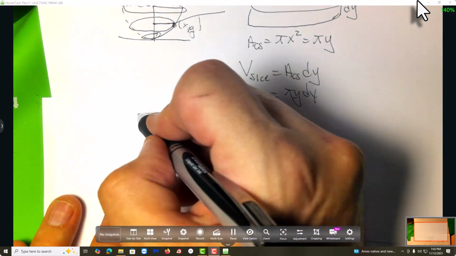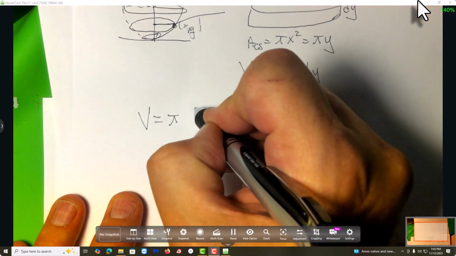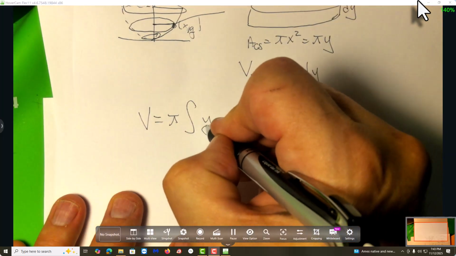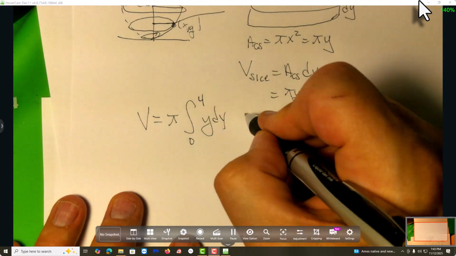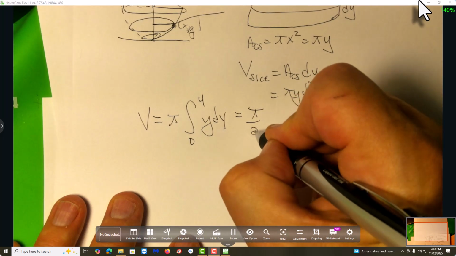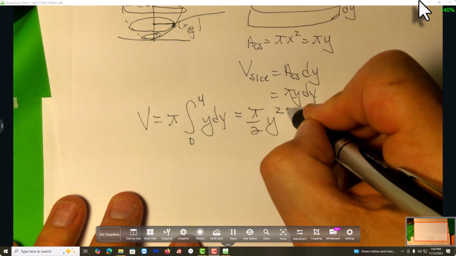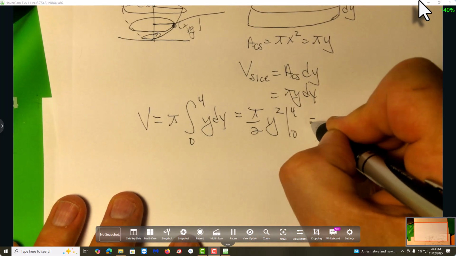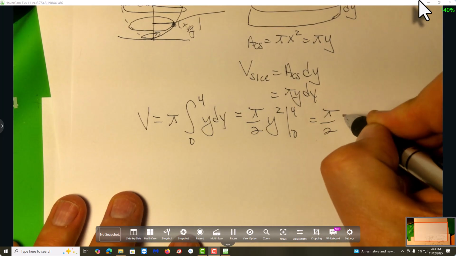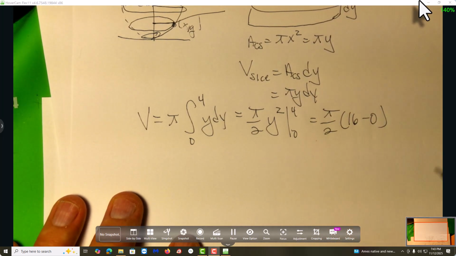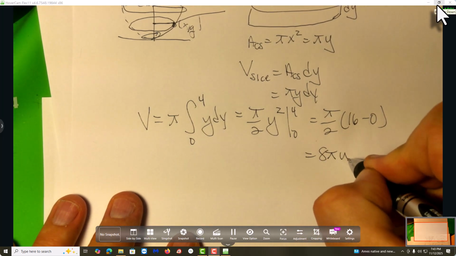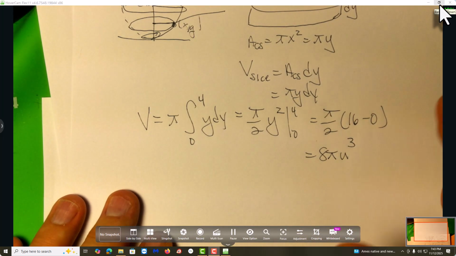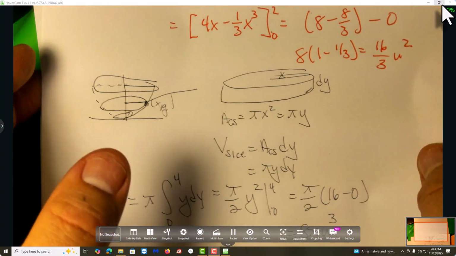So my volume is the integral of pi y dy, but y doesn't go from 0 to 2, it goes from 0 to 4. So pi over 2 y squared from 0 to 4 is pi over 2 times 16 minus nothing, because 4 squared is 16, 0 squared is 0. Half of 16, I hope, is still 8, but don't forget the pi. And we have 8 pi cubic units.